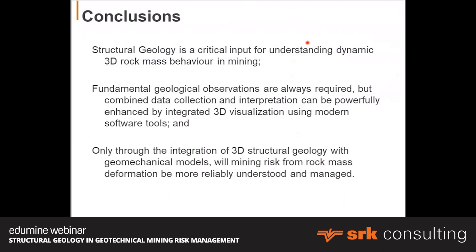There are some fundamental observations that we've talked about, the pattern, properties and continuity that need to be defined, and then to build that into full 3D models that can be visualized and be given to the engineers for their designs. It's really only then through the integration of the structural geology with those geomechanical models that we can design the mine to reduce risk. Thank you.